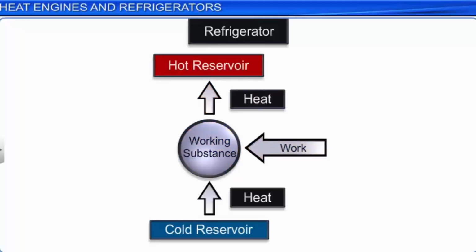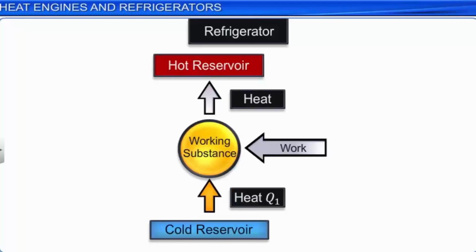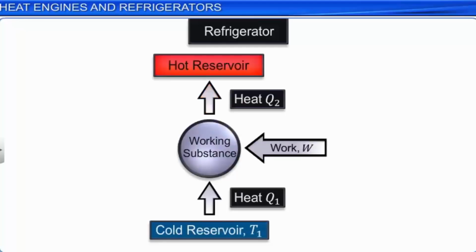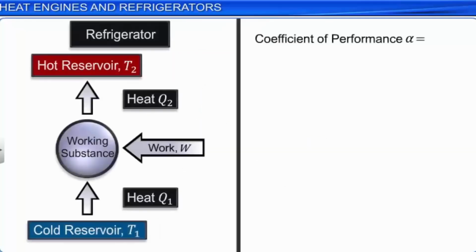Assume that the working substance receives heat energy Q1 from a cold reservoir at a temperature T1. And after W work is done on the system, it rejects heat energy of Q2 to a hot reservoir at a temperature T2. The coefficient of performance alpha of a refrigerator is defined as the ratio of heat taken from the cold reservoir to the work done.